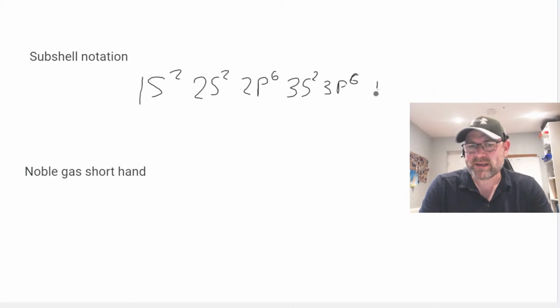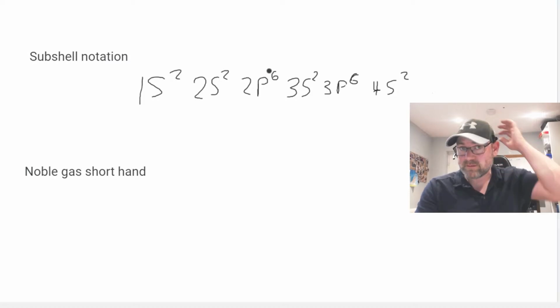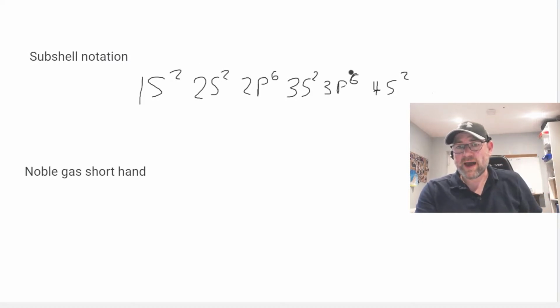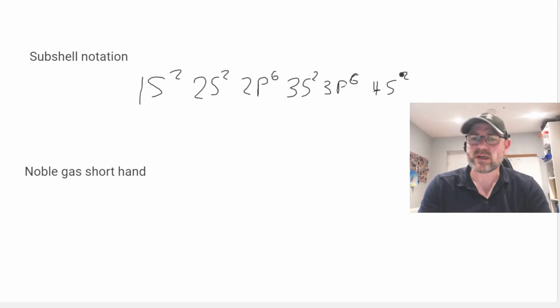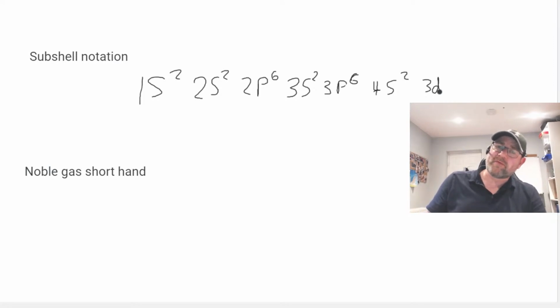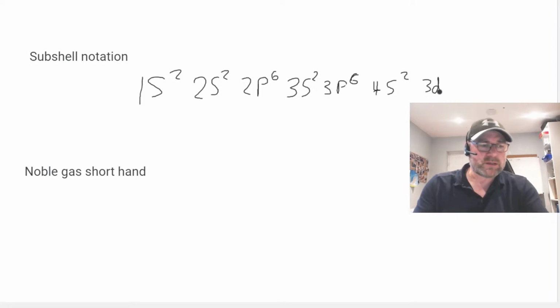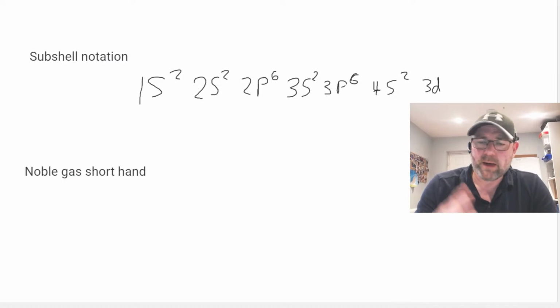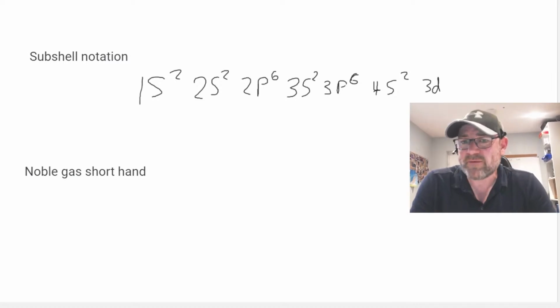So 3p6, 4s2. And that should add up: 2, 4, 10, 12, 18, 20. There's calcium's electronic notation. Some people like to put the 3d after the 4s. Some people put the 3d beforehand but don't fill it out. It's probably easier to put the 4s before the 3d, as that's the way it fills.